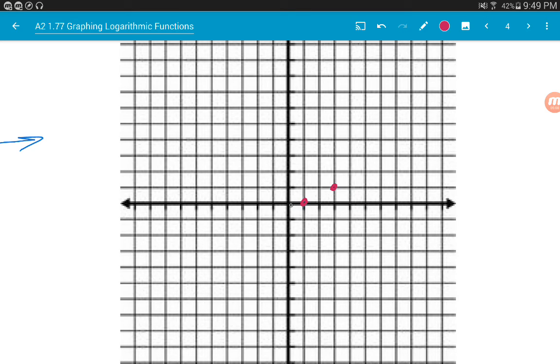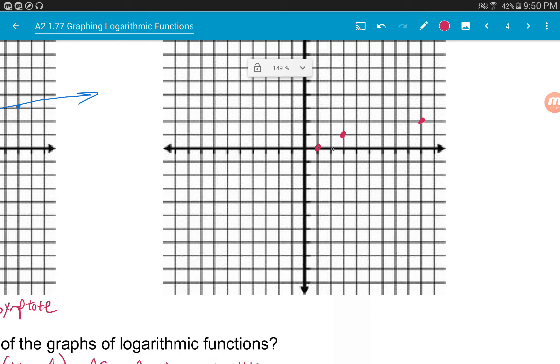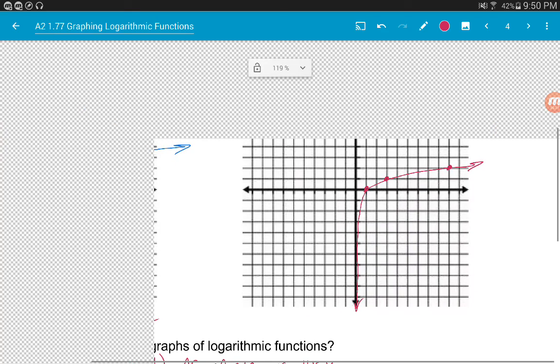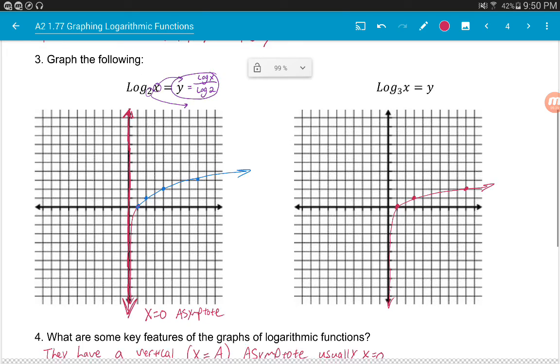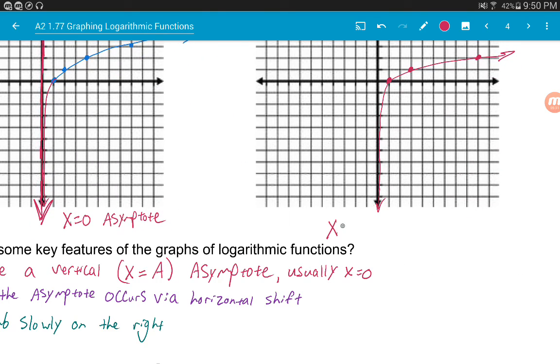At 9, I go up to 2. So 1, 2, 3, 4, 5, 6, 7, 8, 9. We go up to 2. So it goes up over here on the right. And on the left, remember, the asymptote runs right next to the y-axis on the way down, and has this same asymptote of x equals 0, which is the y-axis.